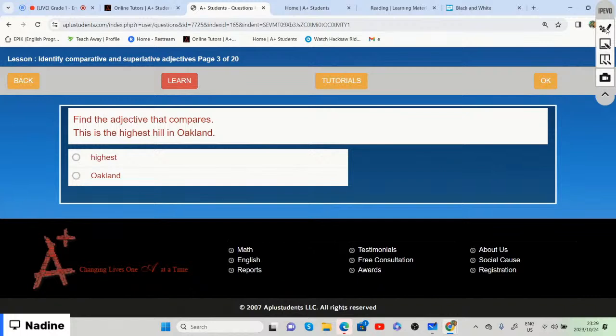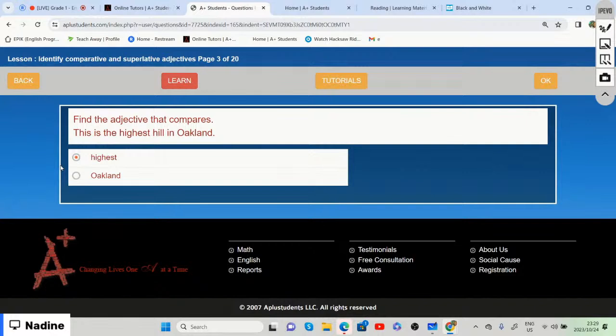All right, so if we find the adjective that compares, then we can say it is highest, because that hill is being compared to all the other hills in Oakland.